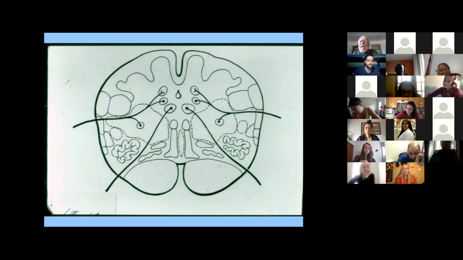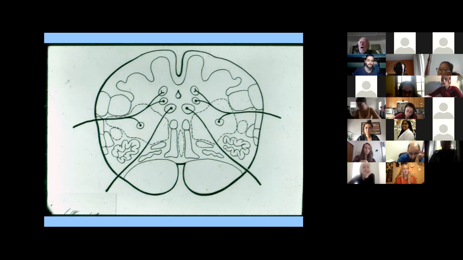Now, how do they get up to the cerebellum? Well, look at where the principal nucleus is and the medial and dorsal accessory nuclei are. They utilize our good old friend, the inferior cerebellar peduncle.